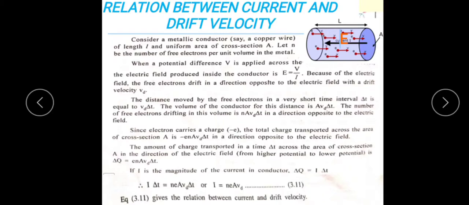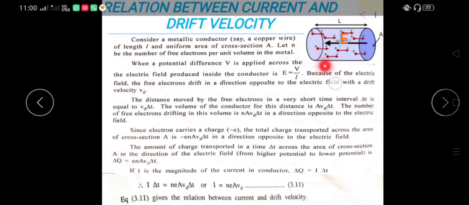The amount of charge transferred in the time interval t across the area A is equal to e, the charge of each electron, into n, the number of electrons within this volume, in a time interval delta t. Hence this is the total charge transferred in the conductor.